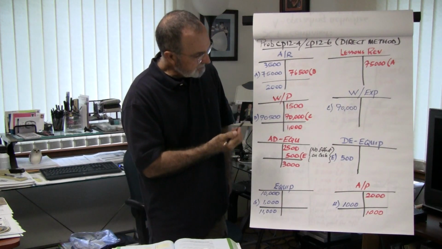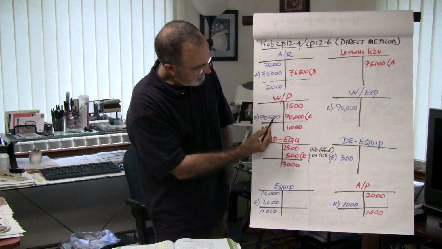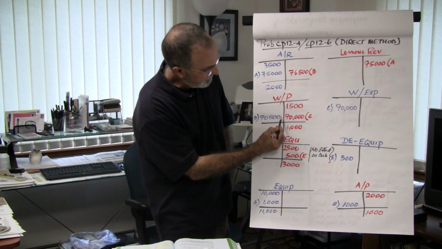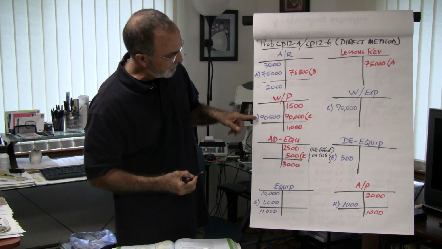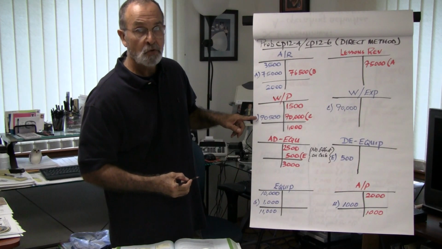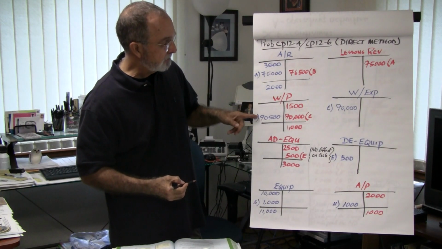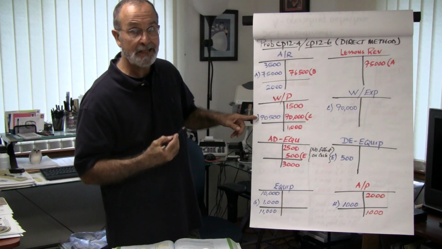So what does this $70,500 amount, which is a debit in wages payable, represent? Well, anytime we debit a liability, that means we have made a payment.